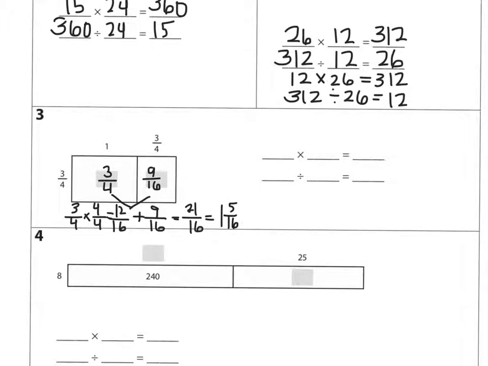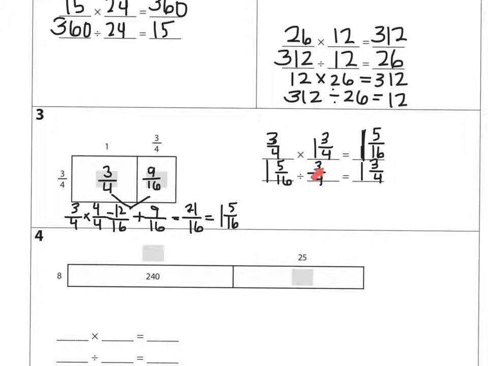So therefore, I can say 3/4 times 1 and 3/4 equals 1 and 5/16. It would also be correct if you wrote down 21/16. And then 1 and 5/16 divided by 3/4 equals 1 and 3/4.